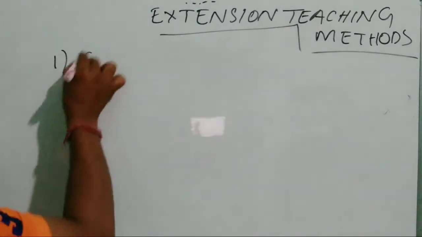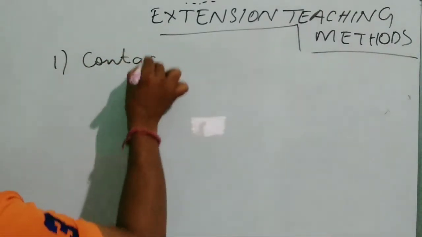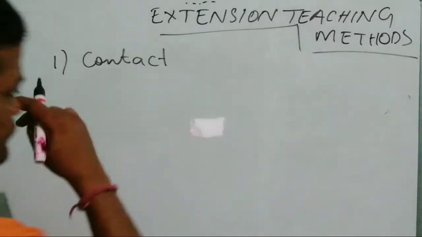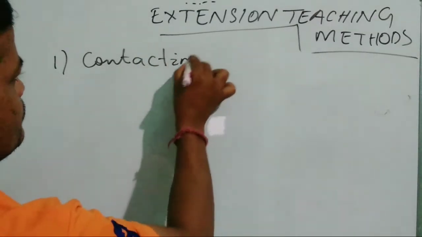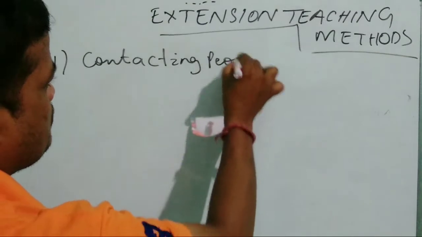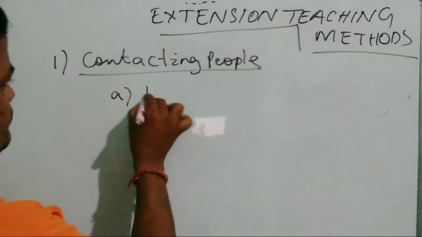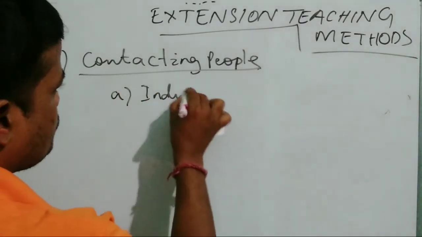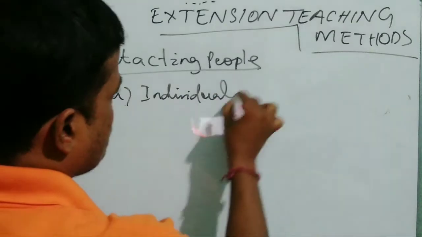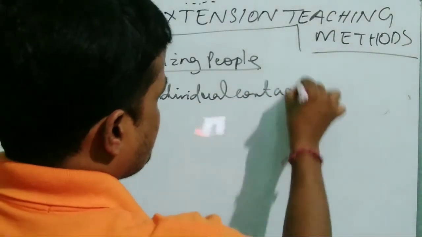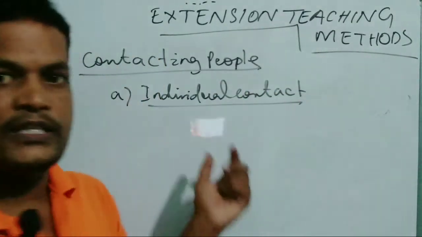Number one, contacting people: individual contact. In this method, what happens, friends?